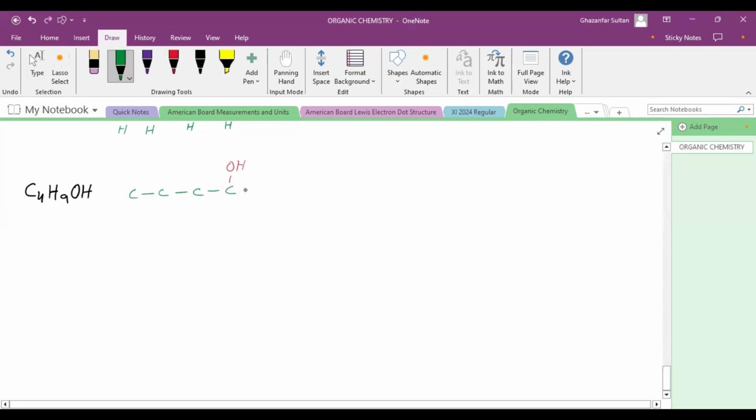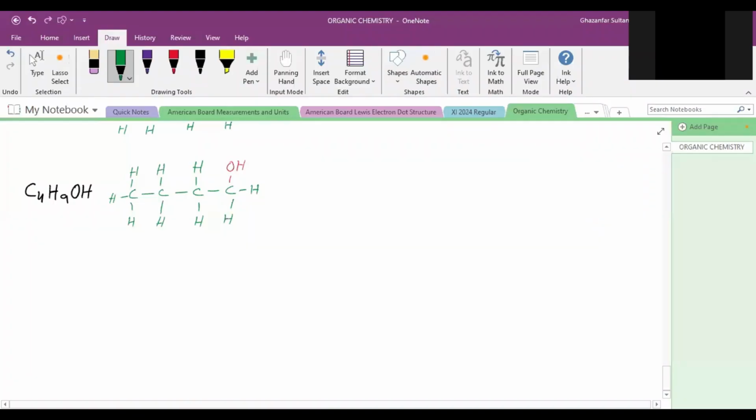There is no difference. If you write its name, it should be 4 carbon atoms, so butane, and the position of OH is 1. So butan-1-ol.